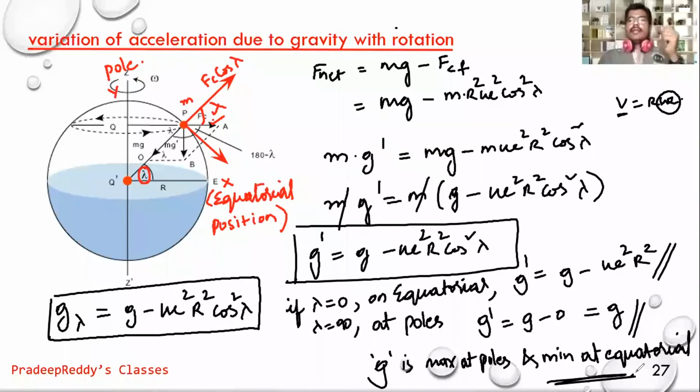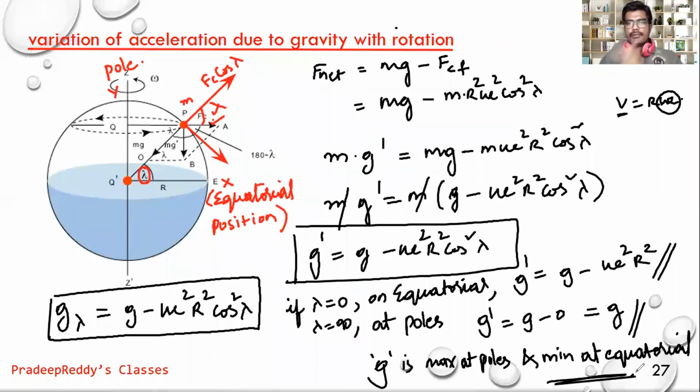It is due to the rate of rotation of the earth. Depending upon the rate of rotation, at the equatorial, acceleration due to gravity will be slightly less than that at the poles. The g value at the pole is maximum, that is 9.8 meter per second square.